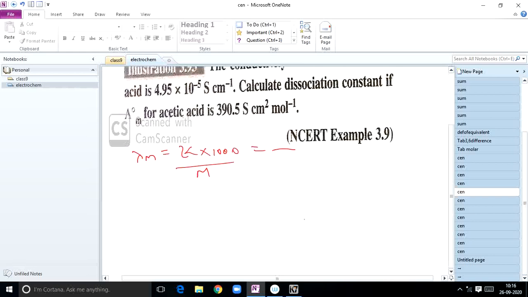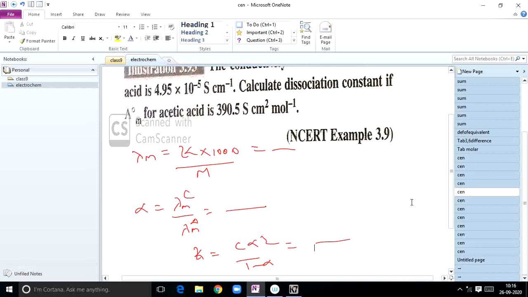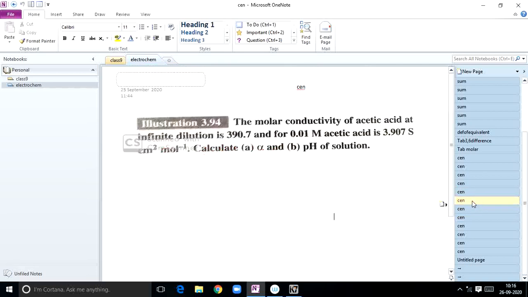After that, the alpha value, already we did this model: lambda mc by lambda m infinity. Substitute. After that, the Ka value: K is equal to C alpha square by 1 minus alpha. These three you have to do. A very important NCERT model, direct substitutions only. Next, the molar conductivity of acetic acid.